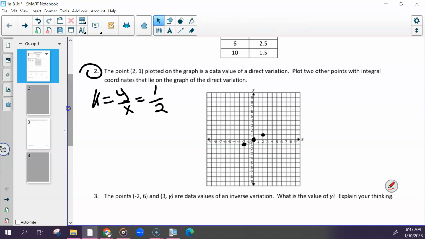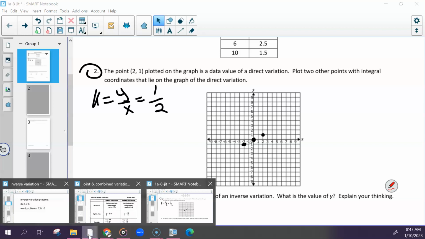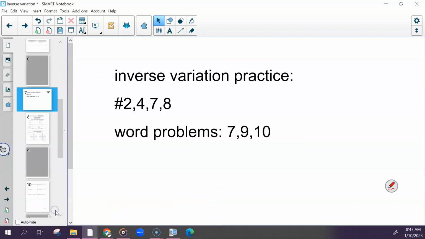Take out your inverse variation notes if you don't already have those out. Just like last class, I'm going to give you the option of practice for about 20 minutes before we start our new thing. The practice will really help you for what we're going to talk about because we need refreshers on that stuff.